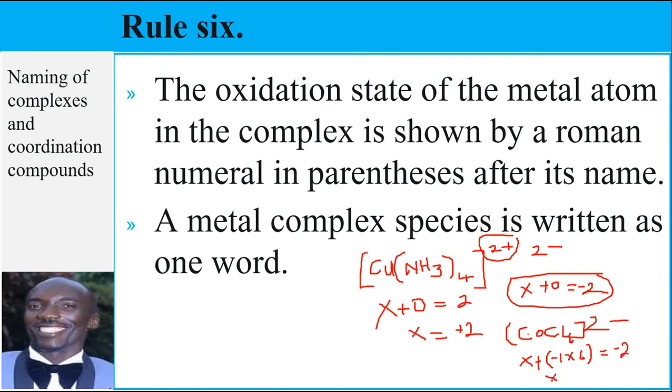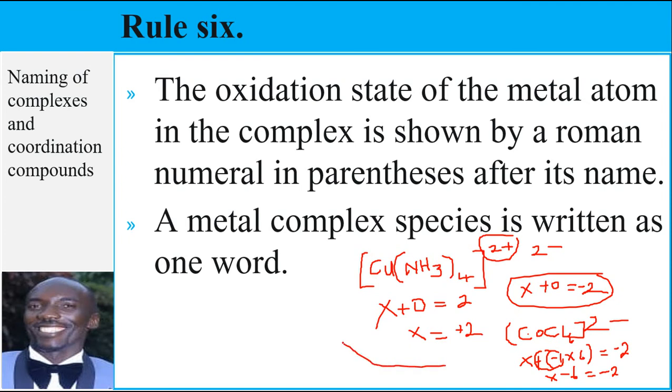So this would be x. Here we have in the brackets minus 1 times 6, which gives us minus 6. Minus 6 plus x equals minus 2.